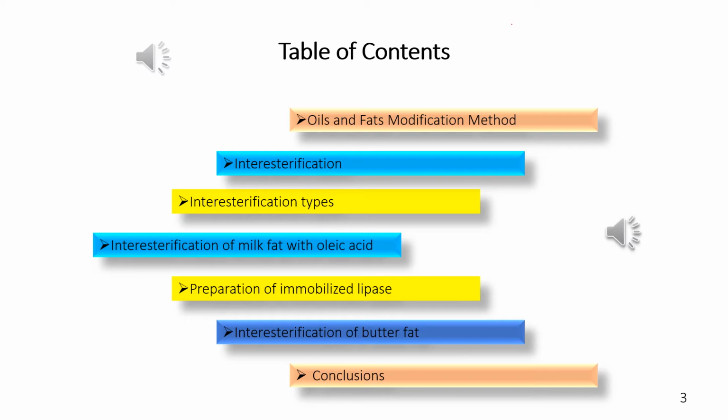So in the food industry, mostly the chemical and enzymatic interesterification takes place. And mostly in these industries, sodium methoxide is used as a catalyst in chemical interesterification, while in the enzymatic interesterification, immobilized lipases are used.